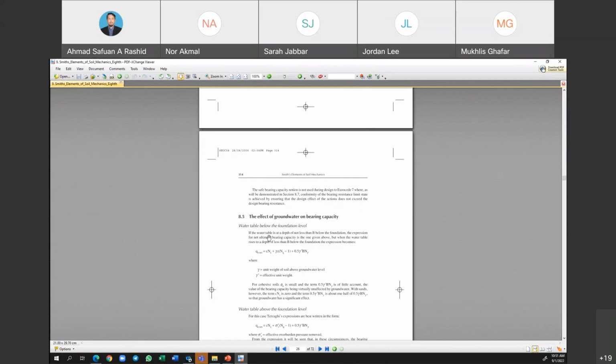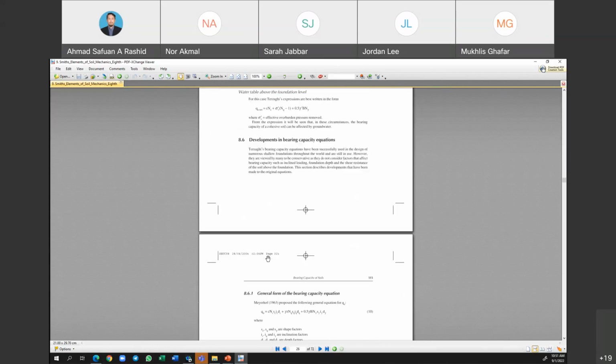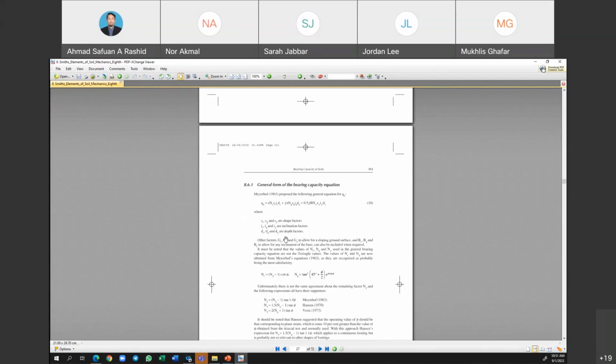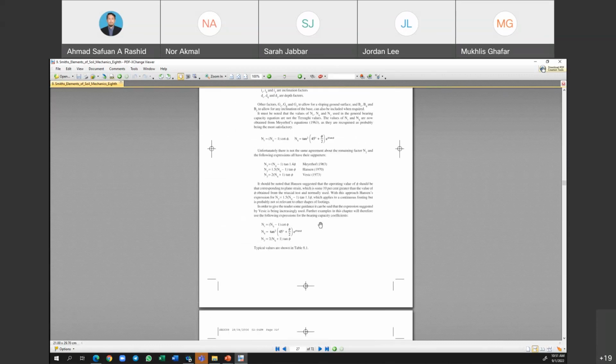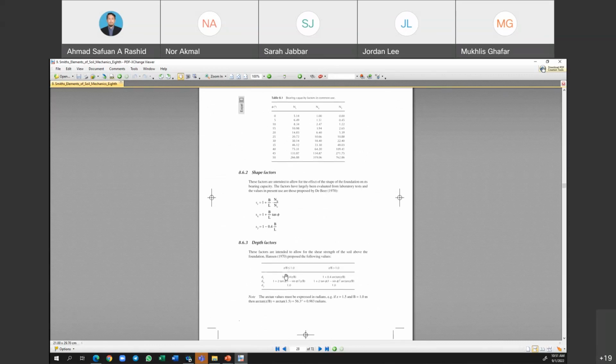This is the discussion on the effect of groundwater on bearing capacity. Then this is the Meyerhof equation, where we have depth factors, which are dc, dq, and d gamma. Then this is the shape factor and depth factor.